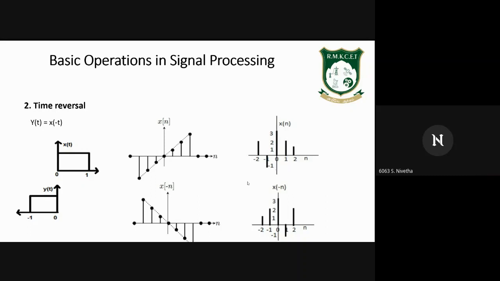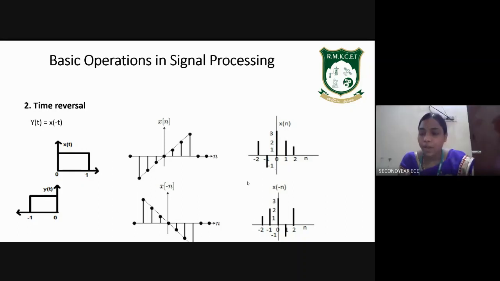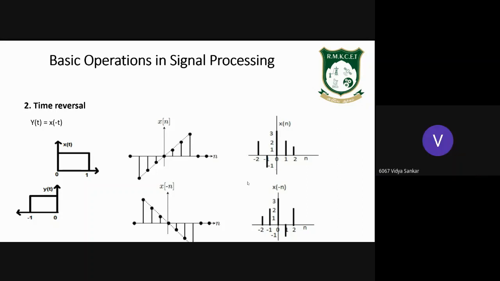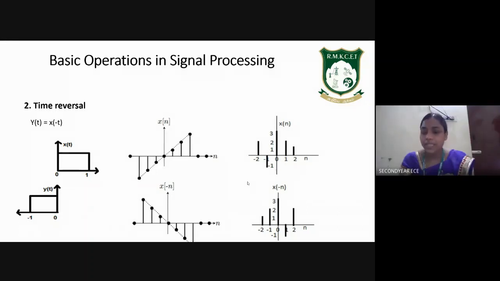Yes, ma'am. What about the remaining people? Are you following? Yes, ma'am. We just reversed. x of n is equal to x of minus n by taking the negative independent variable, negative value. We just reversed the sequence signal.